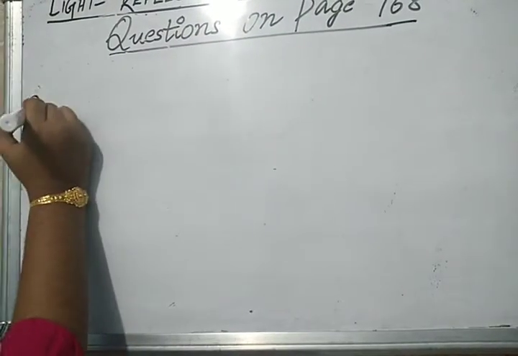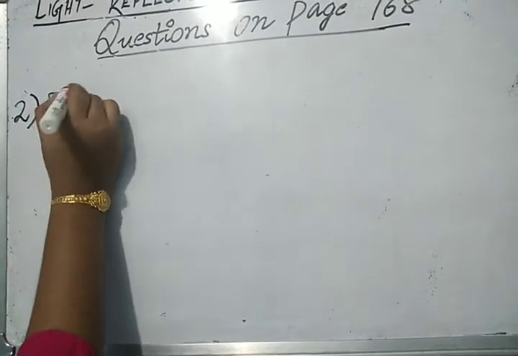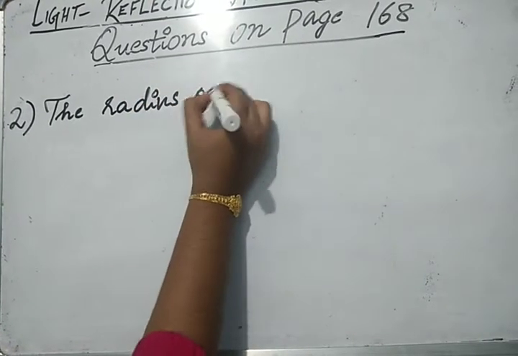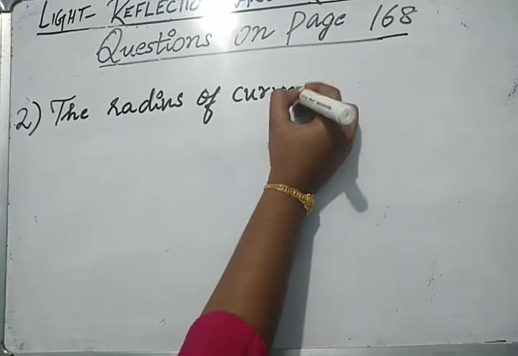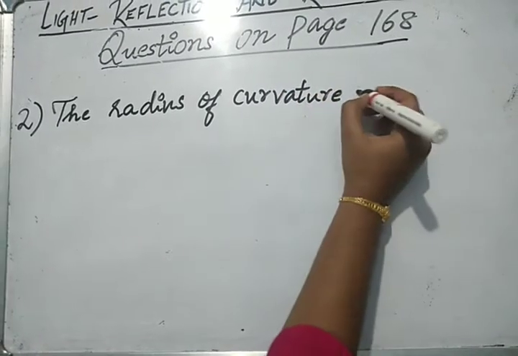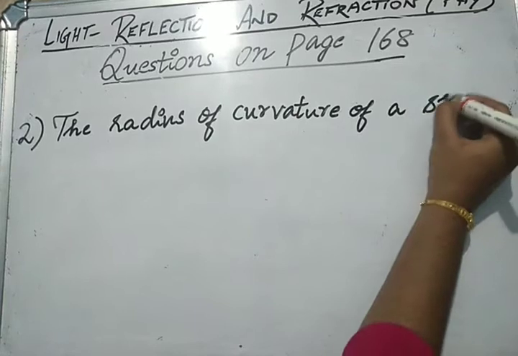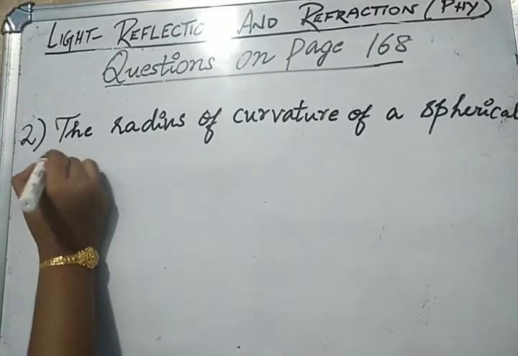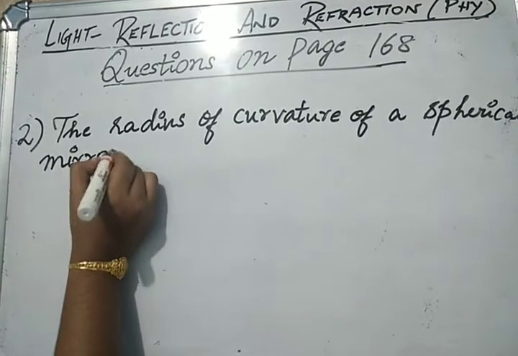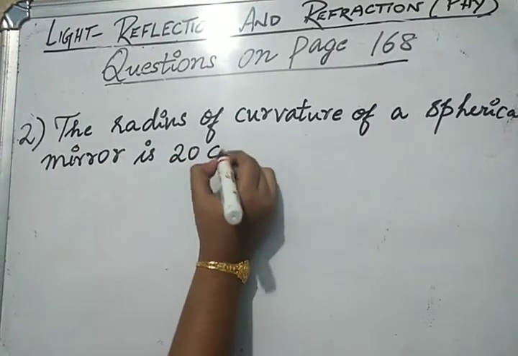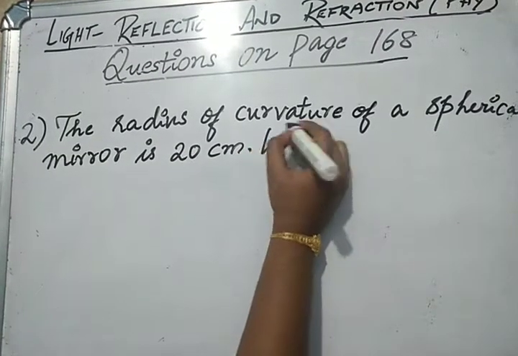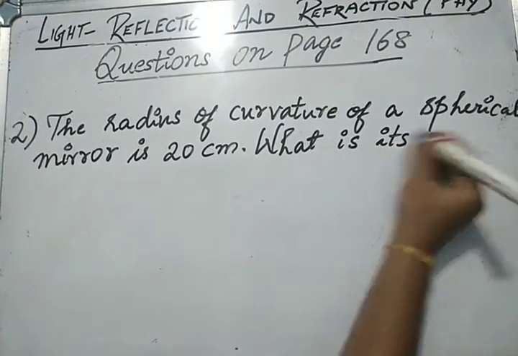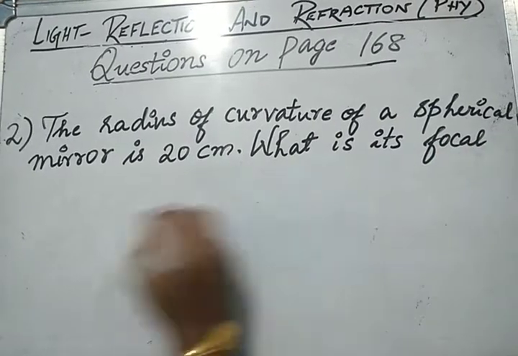The question is, the radius of curvature of a spherical mirror is 20 centimeter. What is its focal length?